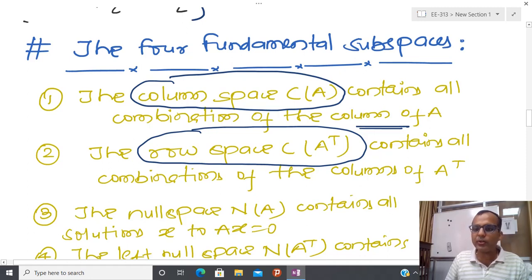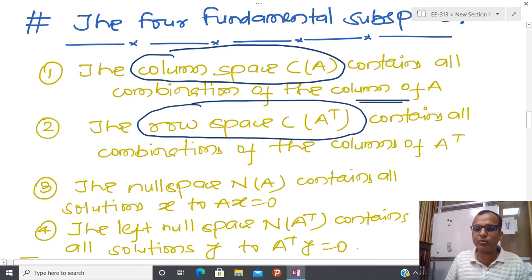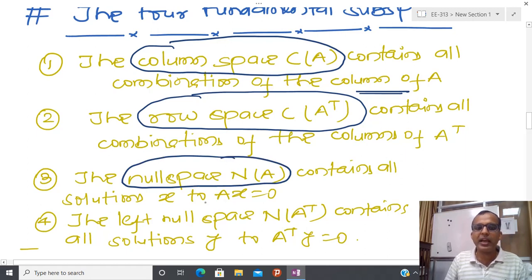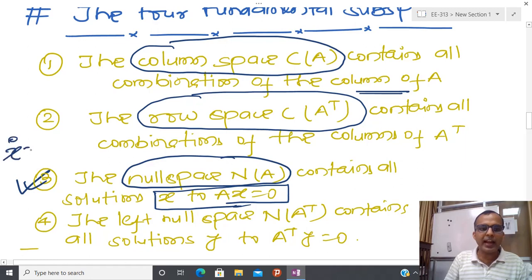And then two more spaces are associated with that matrix. One is called the null space. In order to find the null space, we have to solve the equation Ax equal to 0. So whenever we have a linear LTI system, x dot equal to Ax, then using the null space I am able to find the equilibrium point.